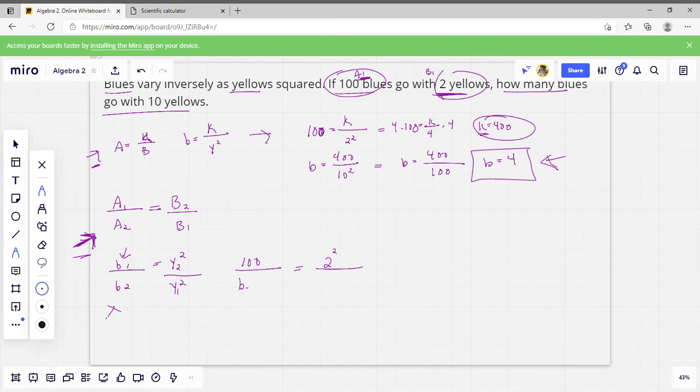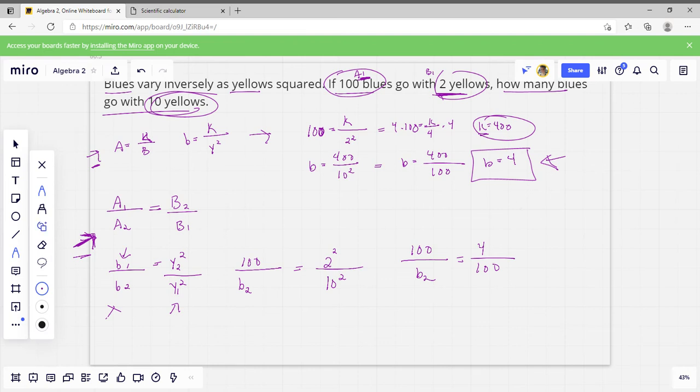That's what we're trying to find out. And then we need our yellow 2 squared. Here's our yellow 2, 10 yellows. Okay, so we're going to have 100 over B2 equals 2 times 2 is 4. 10 times 10 is 100. Did I do that right?